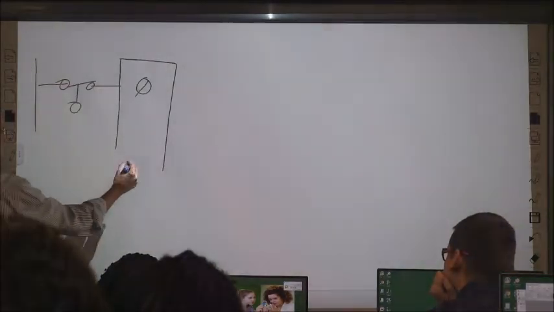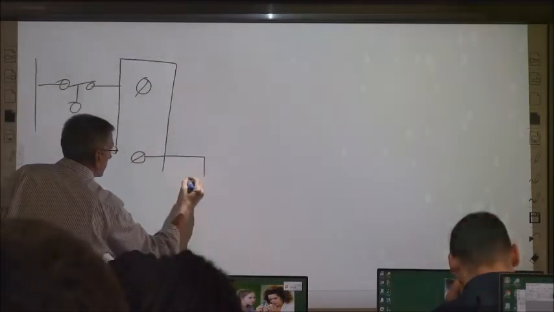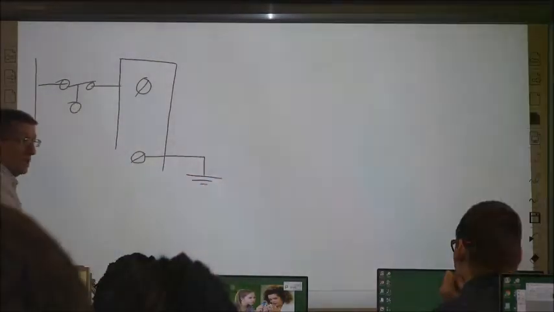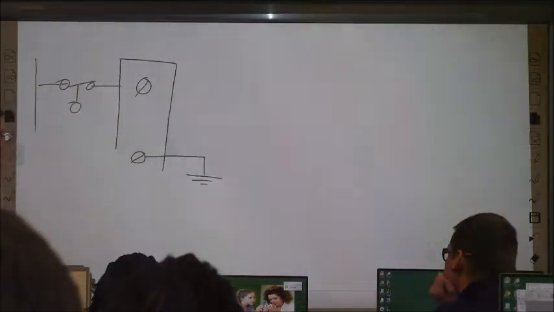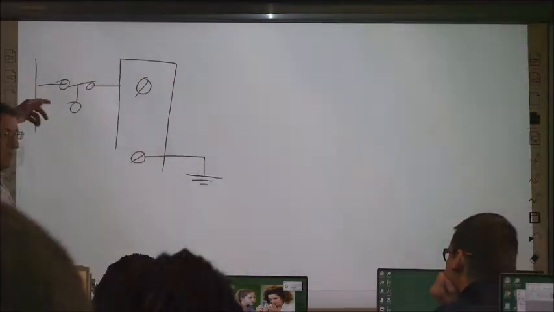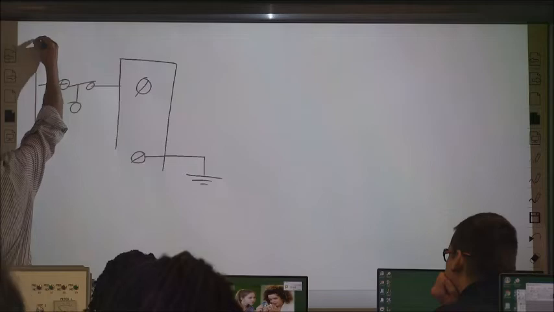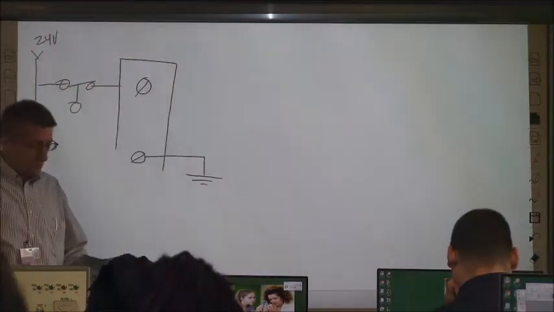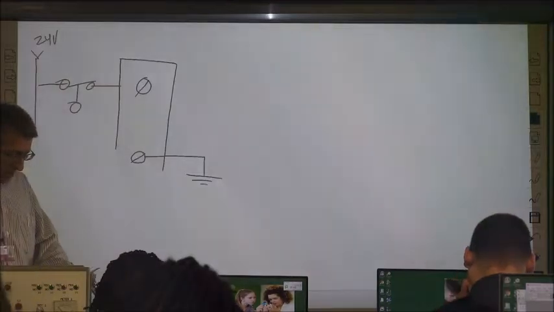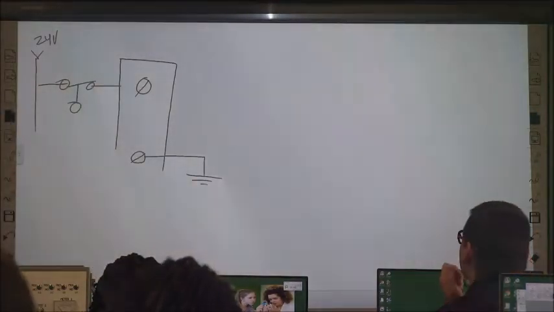This is a sinking input, so there's going to be a terminal on this module that the device needs to be connected to. Where does the device need to be connected? The voltage, that's right. It says a switch is in its normal state, okay, we'll go with that.